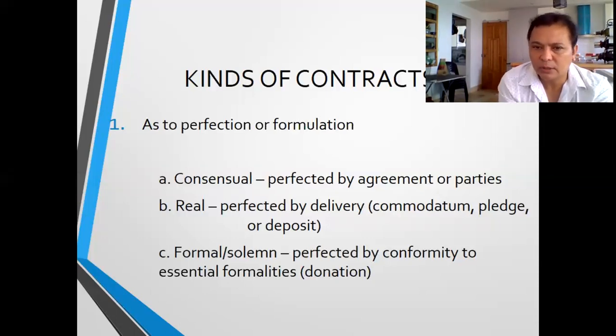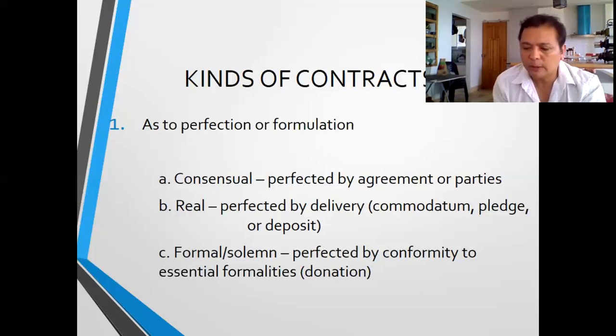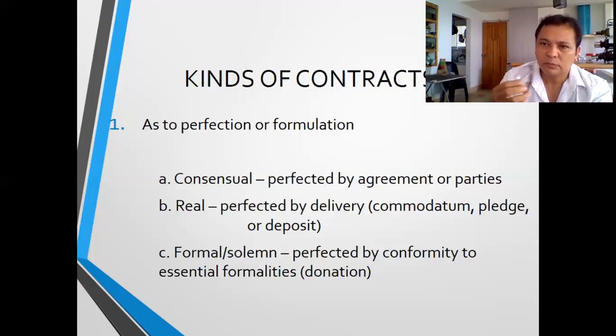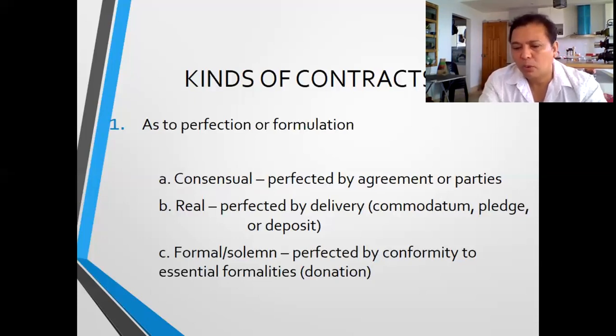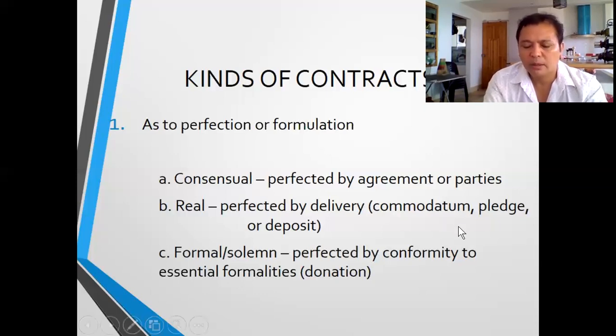So if you contract a loan, you borrow money, but the pawn shop wants you to give a guarantee. What is your guarantee? Say I have this eyeglass, a Versace, very expensive. If he takes it, that is your security, and the security must be delivered to the pawn shop. So there's delivery. You cannot get the money unless you deliver the thing to the pawn shop. That is a real contract.